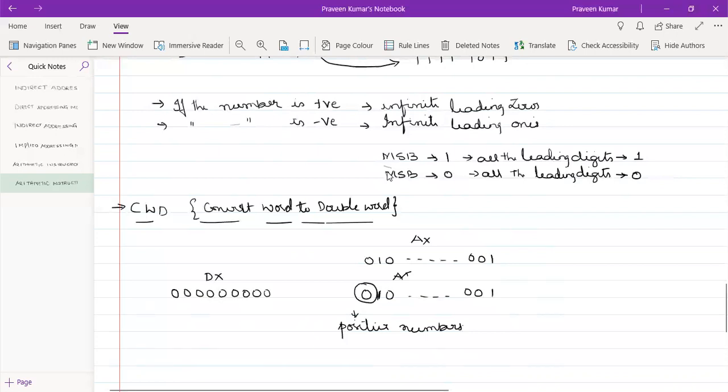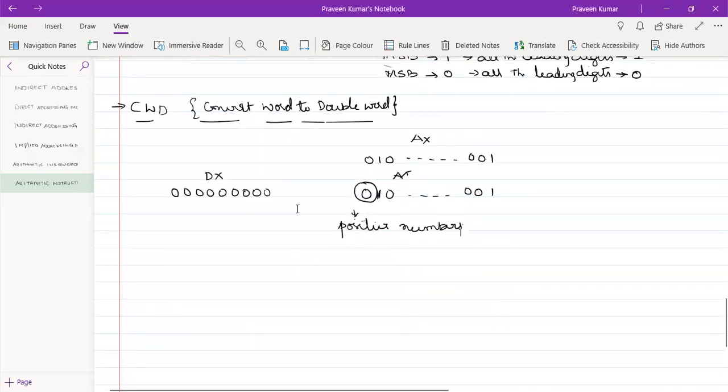Okay. The next one in our discussion of the arithmetic instructions is negate, that is NEG. Negate BL means it will negate the value available in the BL register. If we give a positive number, it will transform that number into a negative number.